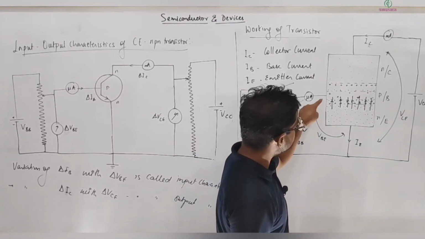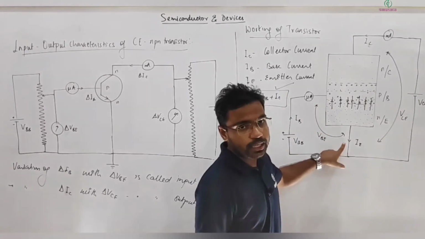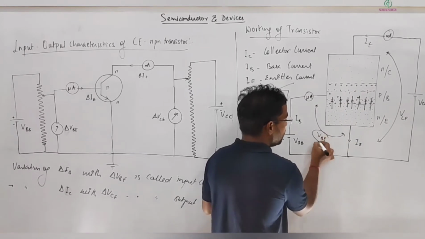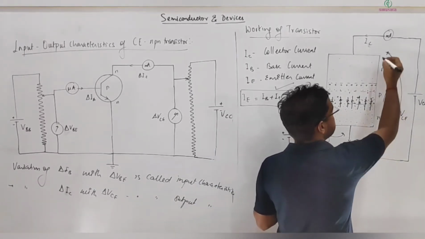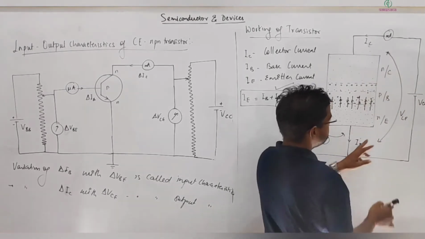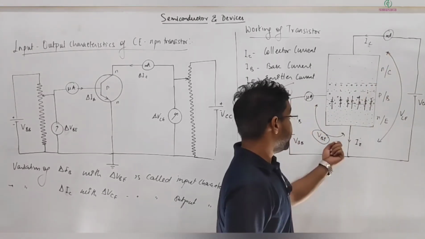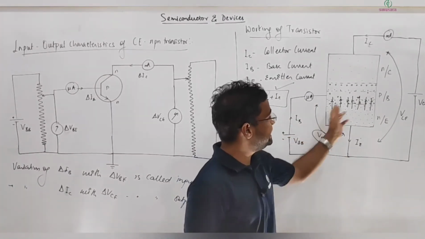And there will be some potential drop between the base and emitter terminals of this transistor. We call that VBE. Similarly, there will be a potential difference between the collector and emitter terminals, which we call VCE. Here, many times we are required to apply KVL in these loops.